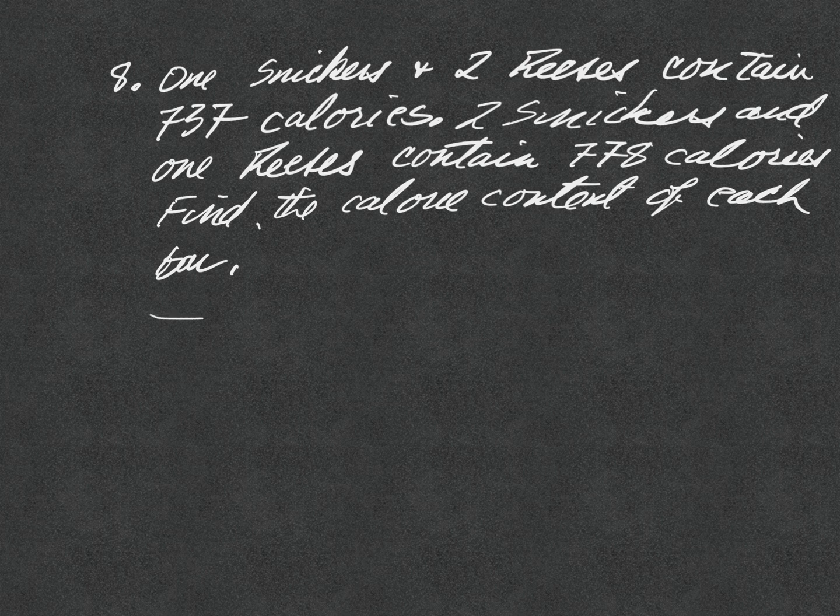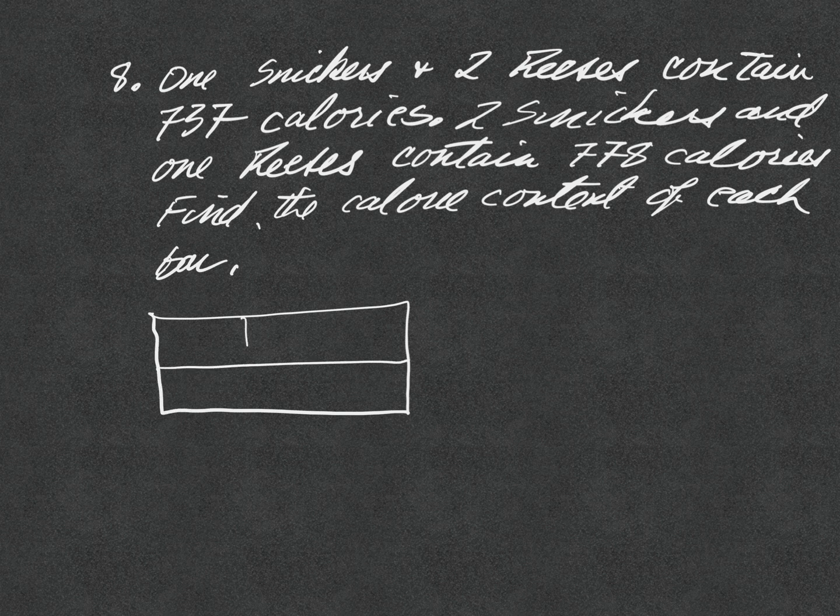Now, one of the things I like to do is I like to set up like a little box. And these boxes have 3 pieces. And what I know is one situation they tell me has 737 calories, and the other one has 778.